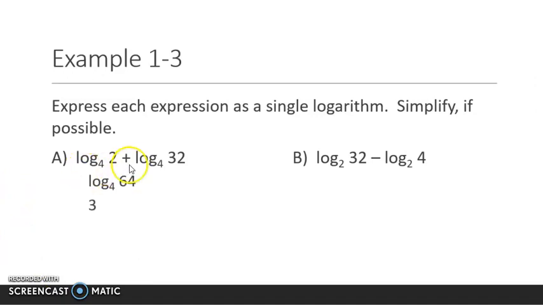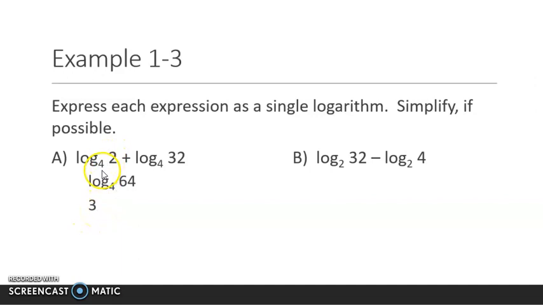In part A, it says addition here. So what I'm allowed to do is multiply 2 times 32 to get 64 and keep just one single logarithm. So log base 4 of 64 is what I'm given. Now 4 to the third power is 64, so the answer here is 3.